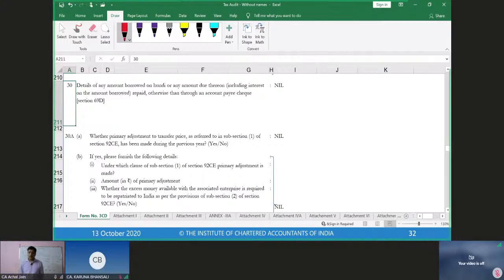So in this clause, if there are any amounts borrowed on hundi, or any amounts due in respect of that, including the interest, if there is an amount which has been repaid otherwise than through an account payee cheque, only then such reporting will be required. Now, how can this be audited by the auditor?